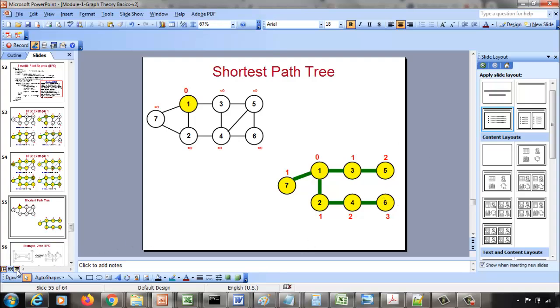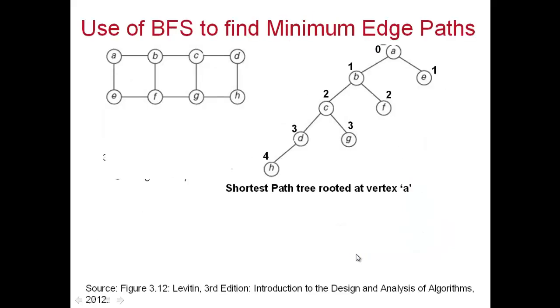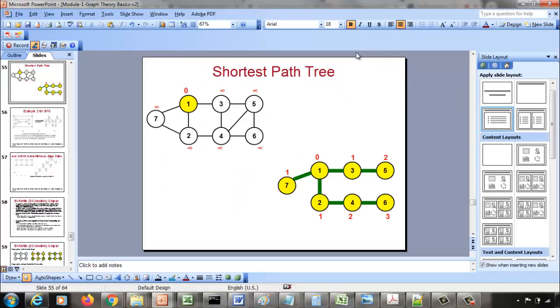This indicates the shortest path tree starting from vertex 1. If you include only the tree edges, what you get is the shortest path tree. So the level numbers now indicate the path length. A shortest path tree is also called a minimum edge tree, so both mean the same.